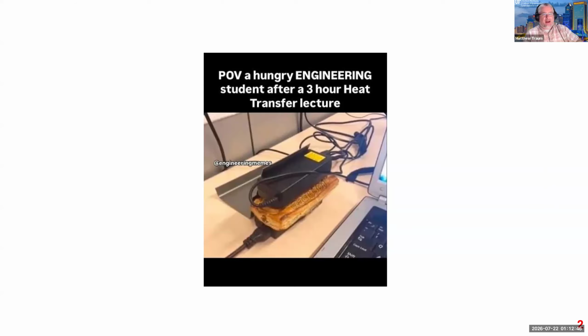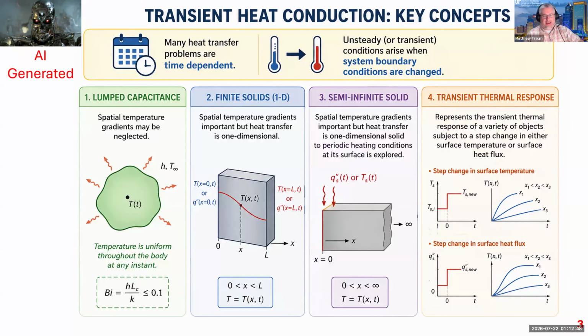I had my own version of this slide, meant to be the introduction to transient heat conduction, but my version was all text, a wall of text, so I fed it to AI, and this is what it generated.